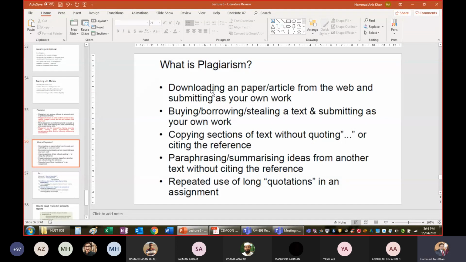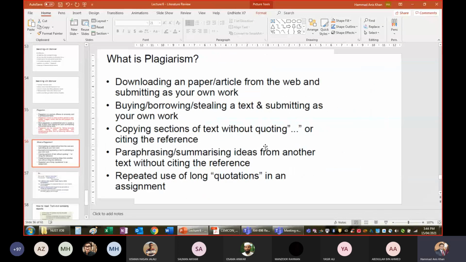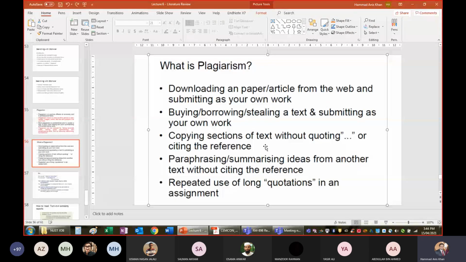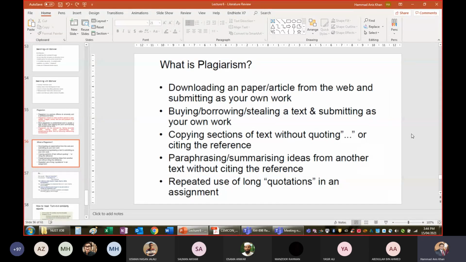Second is buying, borrowing, or stealing a text and submitting it as your own. So you copy paste a text from some other research paper. Copying text without quoting or citing the references. If you are copying a text but you are not quoting whose work or whose definition it is, or you are not giving the reference, this comes under plagiarism.